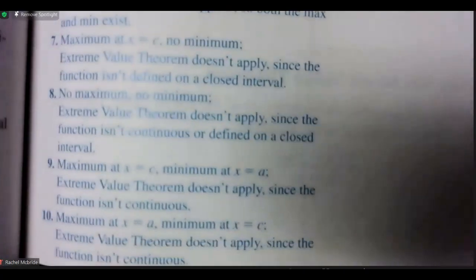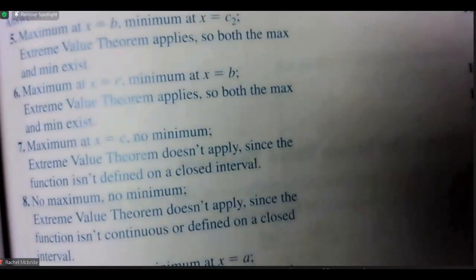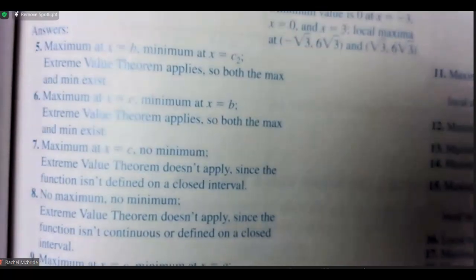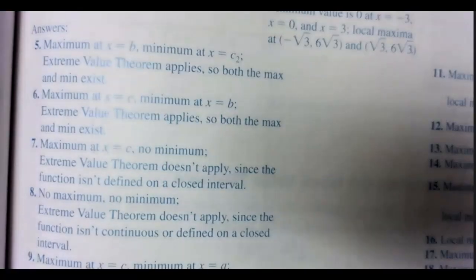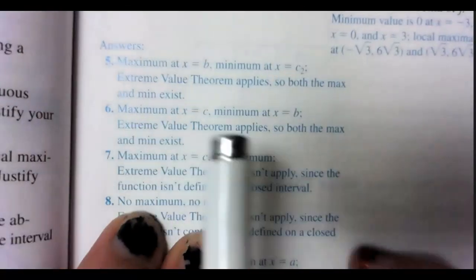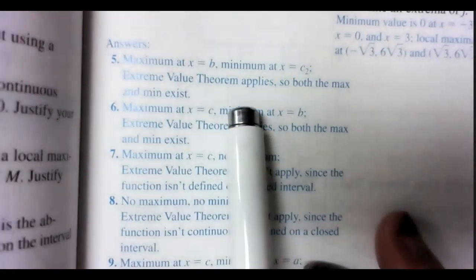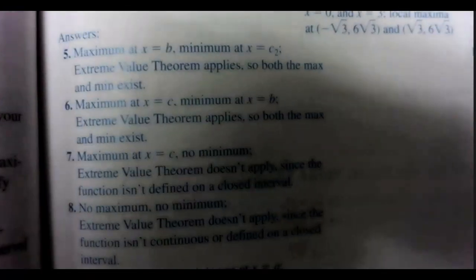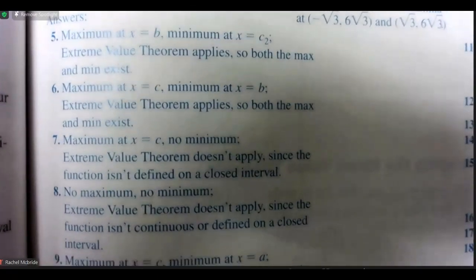Okay. And I'm going to give you a minute, and we'll talk about the 5 to 15, which is a lot of what yesterday's lesson was. So in yesterday's lesson, we talked a lot about finding if EVT applies or does not apply.